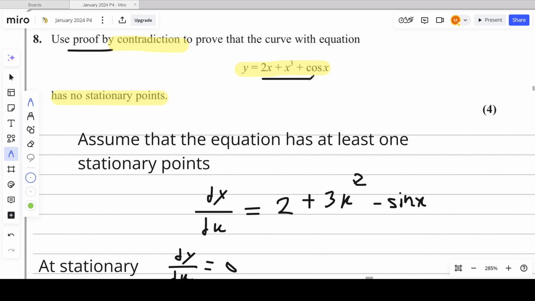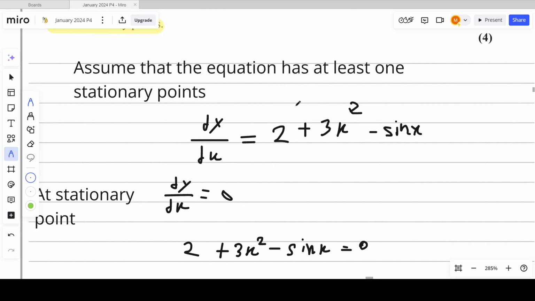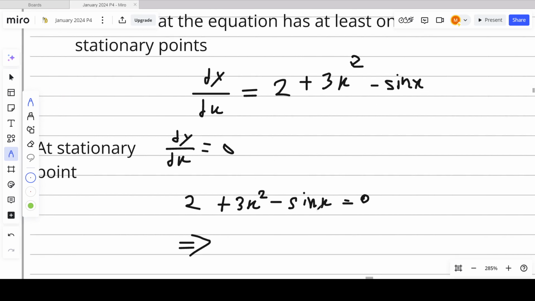So in order to show that, what should be the condition for this equation? The condition should be that there are no possible solutions for this equation. Why? Because this equation represents the solutions, that is the number of stationary points of the curve.